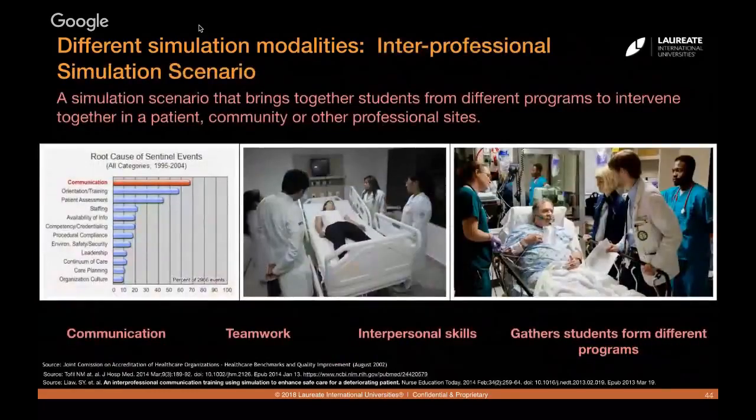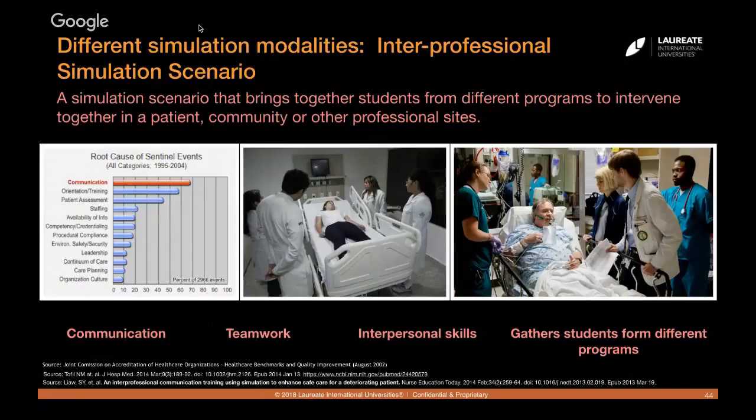So, an interprofessional scenario is another simulation modality, and it brings together students from different programs to work together in the scenario. And this is not a technical scenario, okay?